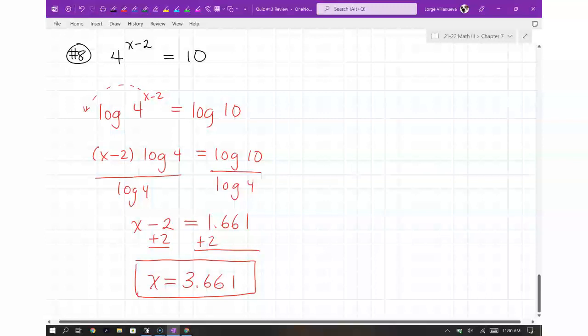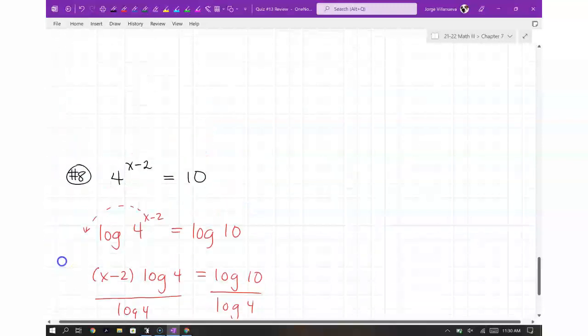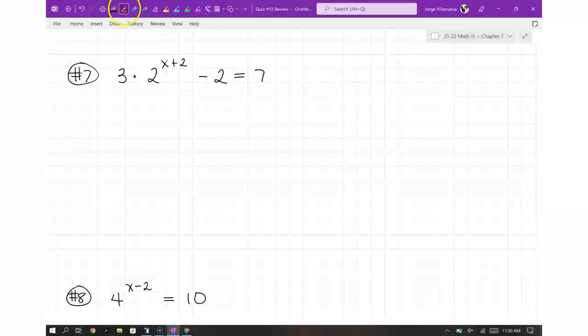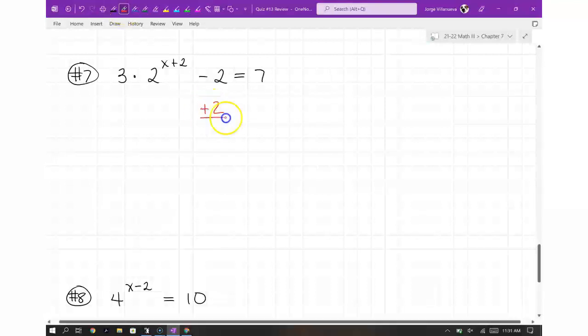All right, let's go back to number 7. Now I want to solve for x, but notice 2 to the x plus 2 is being manipulated by a 3. It's multiplying, and then at the end there's a minus 2. So what you want to do in this situation is ignore the multiplication right now. Get rid of that minus 2 first. So you're going to add 2 to both sides.